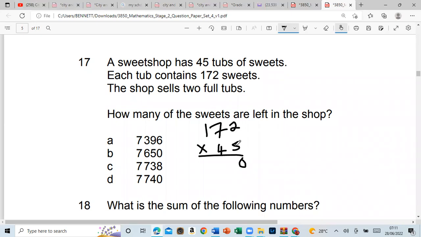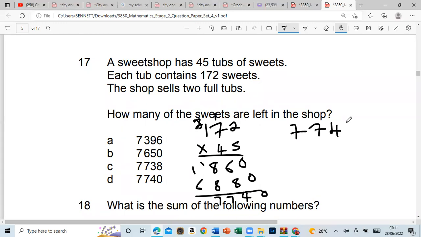So 5 times 2 is 10, 5 times 7 is 35 and 1, 36, 5 times 1 is 5. Forgot the total, right? Then 0, 4 times 2 is 8, 4 times 7 is 28, 4 times 1 is 4, and that's 6. So in all, what would be the total?